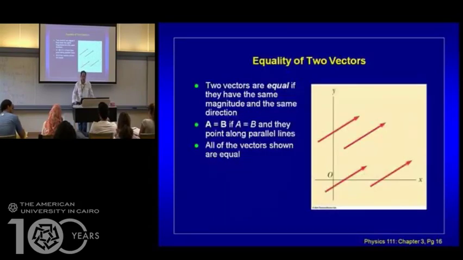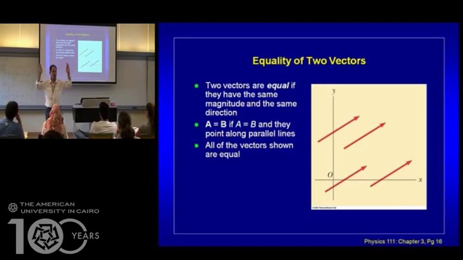Those four vectors that you see now are equal. Why are they equal? Same length, same direction. Look, that's a vector A and that's a vector B. If they are the same length, they have the same direction. This is the tip of the arrow. Those two vectors are equal.